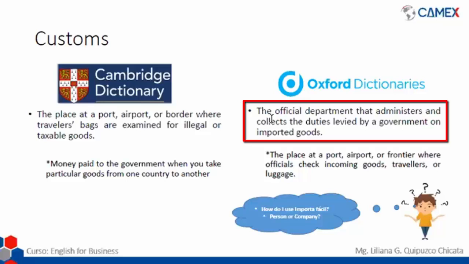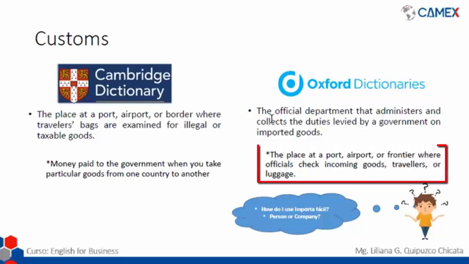Also, they say that customs is the place at a port, airport, or frontier. Frontier could be a synonym of border, where the officials, in this case customs officials would be for Peru, are going to check the incoming goods, the travelers, the people who are traveling, and the luggage.